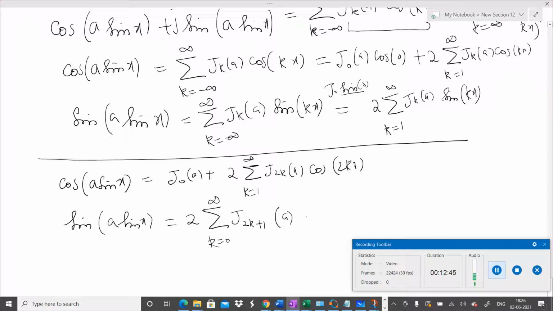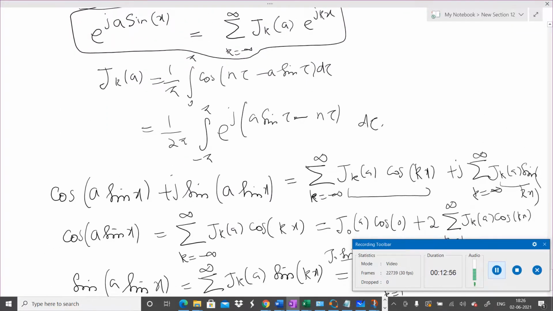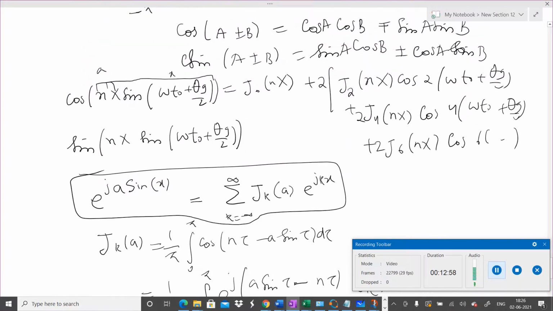Only odd terms will be there, sine of (2k+1)x. So hence the second term here, this is the cos of nx.